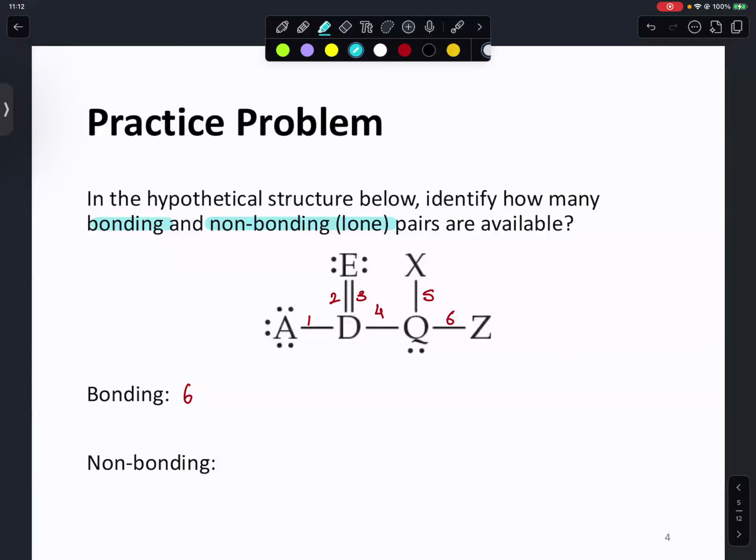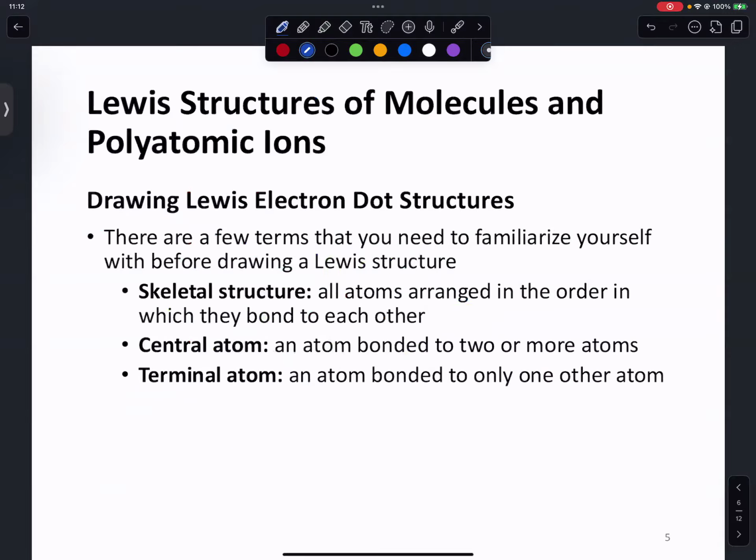And then we're going to count the lone pairs. I'm going to highlight them: 1, 2, 3, 4, 5, and 6. So 6 non-bonding.